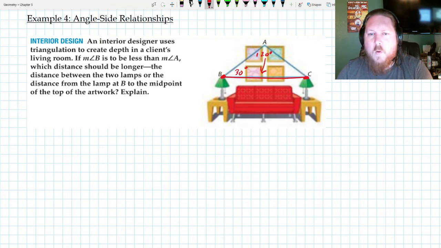Or the distance from lamp B to the midpoint of the top of the artwork. That would be this right here.